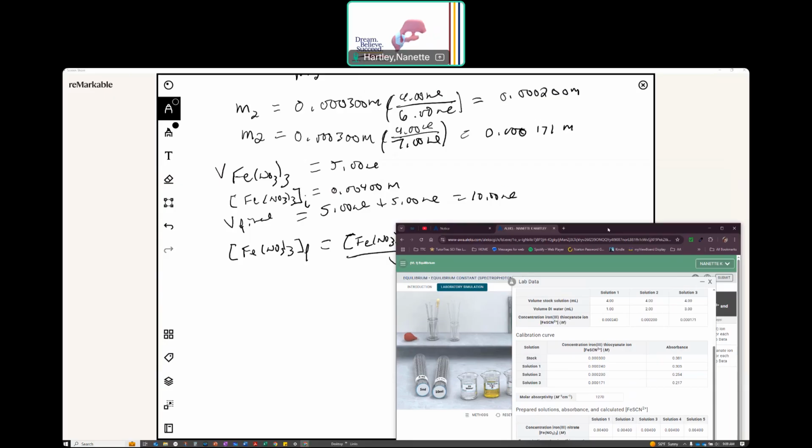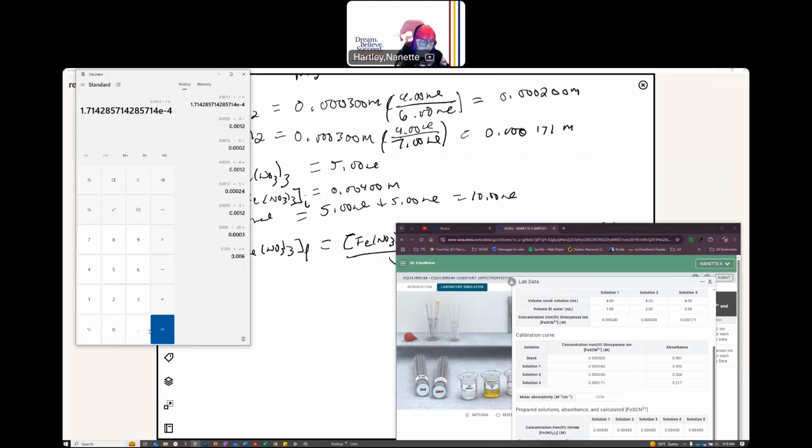So my initial concentration, 0.00400, times the 5 milliliters that I started with, divided by the 10 milliliters that I end with. That's going to give me 0.004 times 5 divided by 10, which is 0.00200.